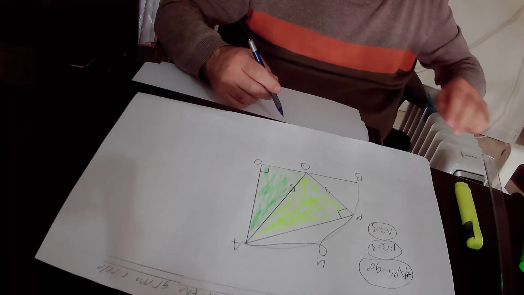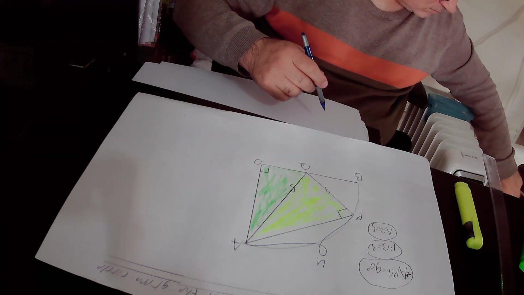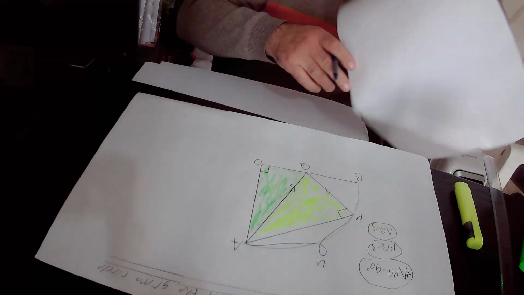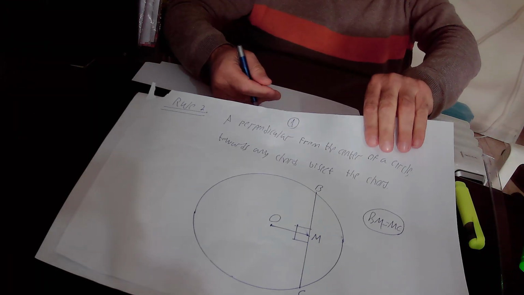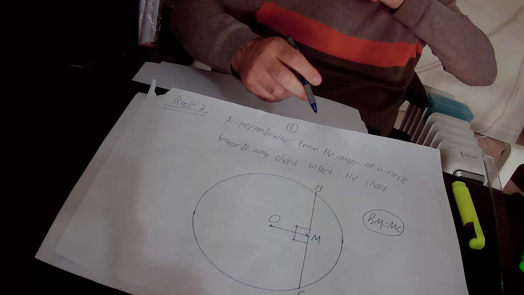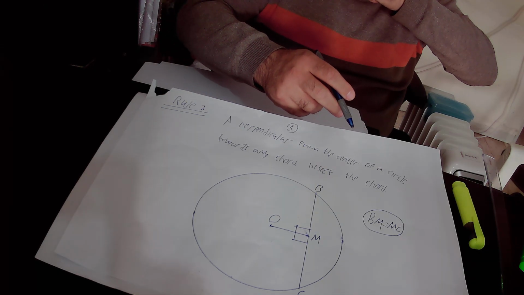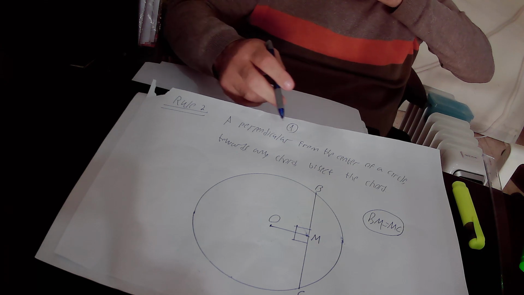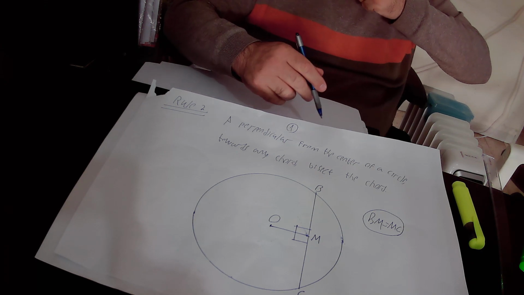Repeat on rule number 2. A perpendicular from the center of a circle towards any chord bisects the chord.